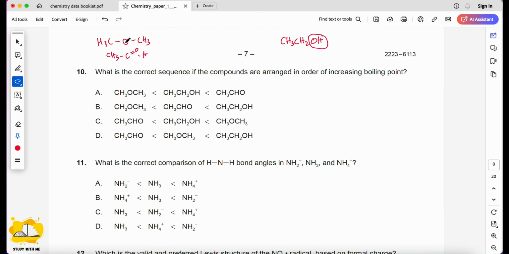But for ether, because the symmetrical arrangement around the oxygen atom causes dipole moment cancellation, the boiling point will be the smallest one. So it will start with dimethyl ether and increase to ethanol.